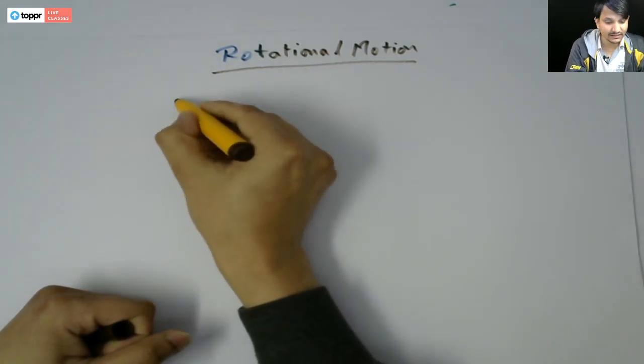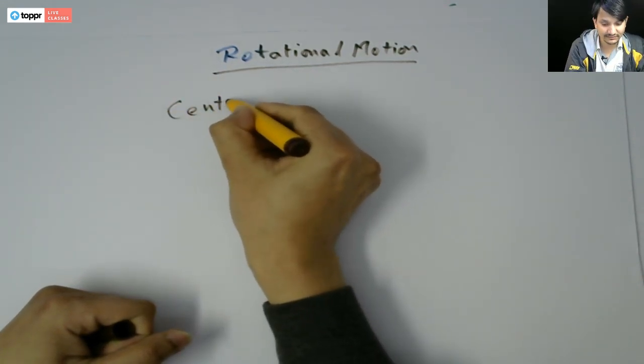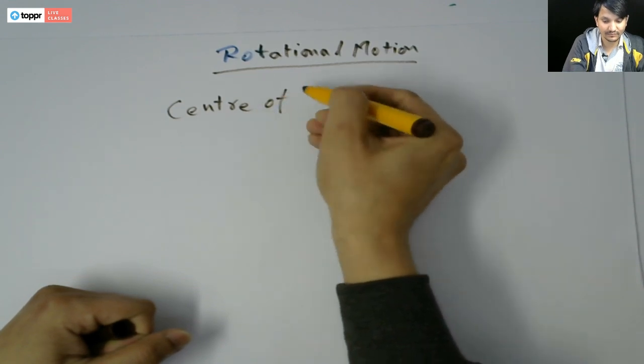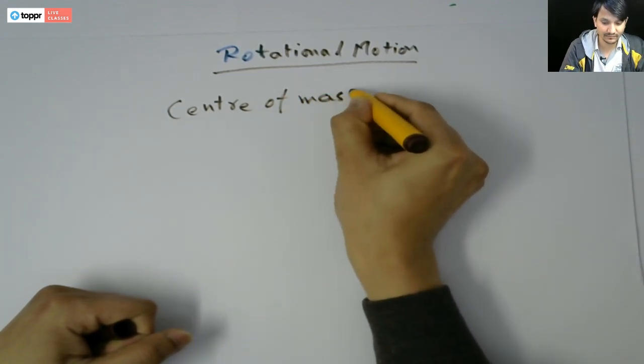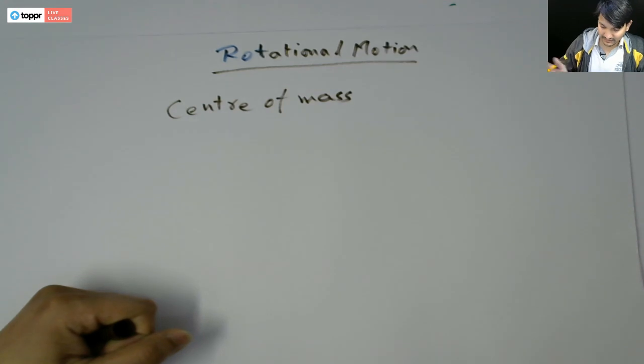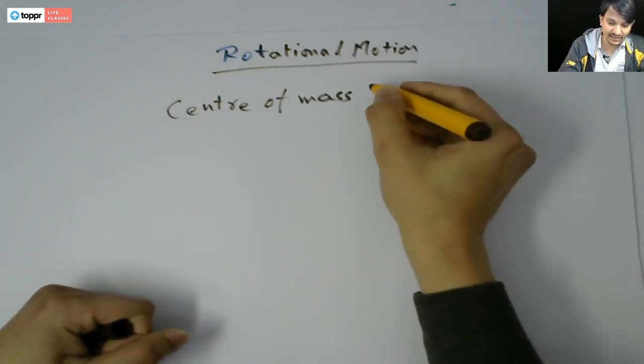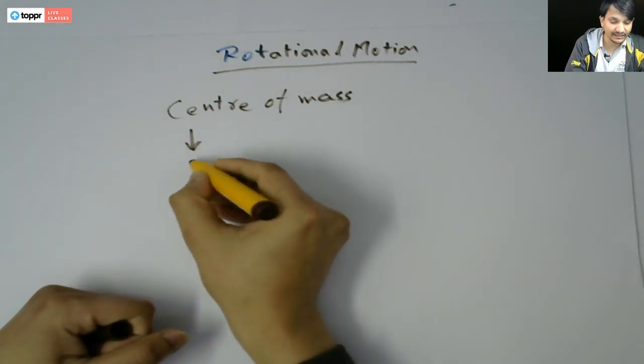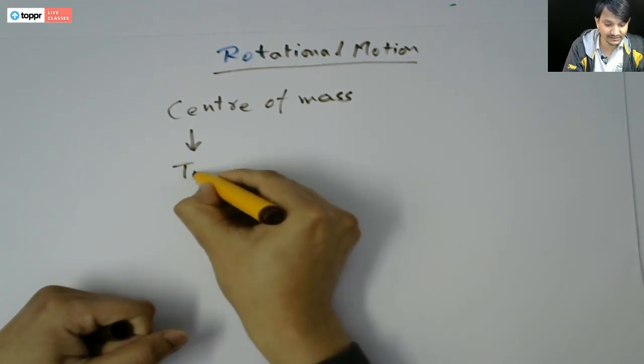First, center of mass. Then center of mass in case of two particles.